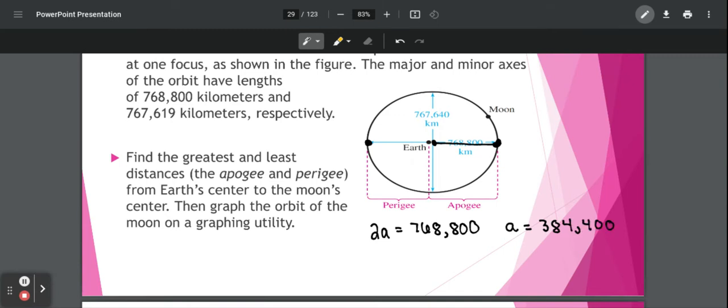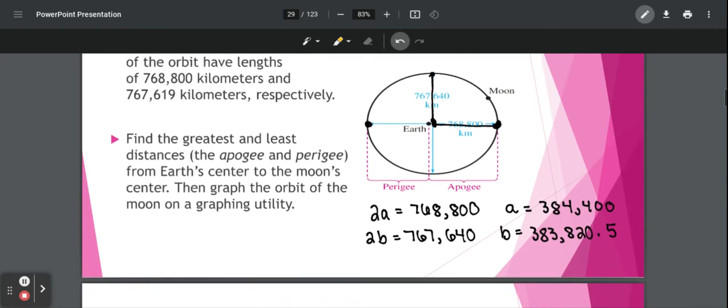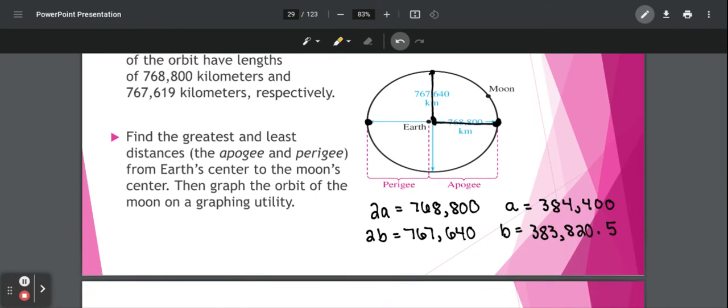We could look at the same thing for b. We know that 2b is 767,640, which means that b, just from here to here, would be 383,820.5.